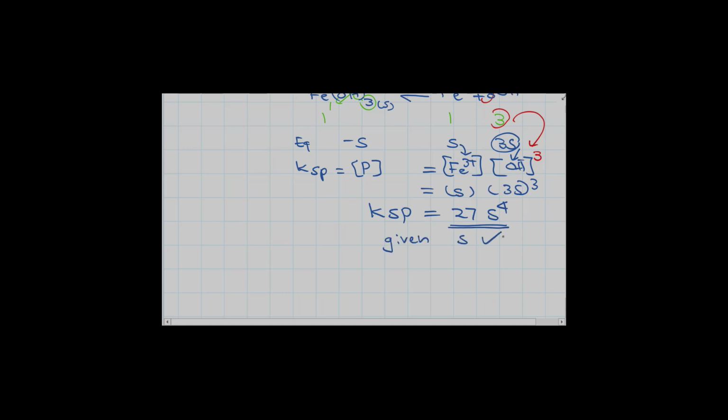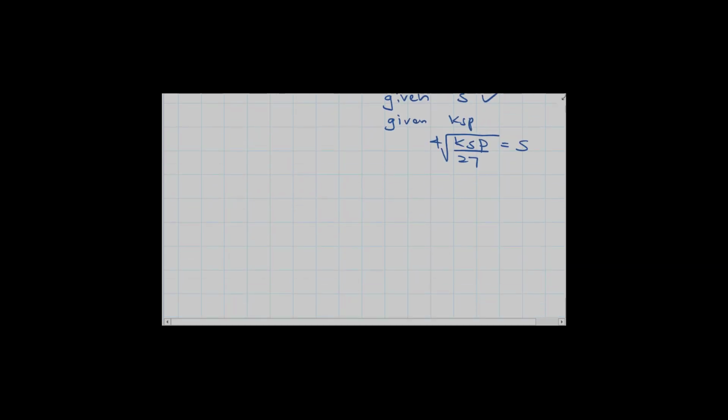Now you can do the reverse as well, similar to the previous one. I don't think the math part is really important. Just try to memorize it this way: you take the fourth root of Ksp divided by 27, inside the bracket. Now, the more important thing is molar solubility, the S for the solubility. That's given in moles per liter, big M, right?